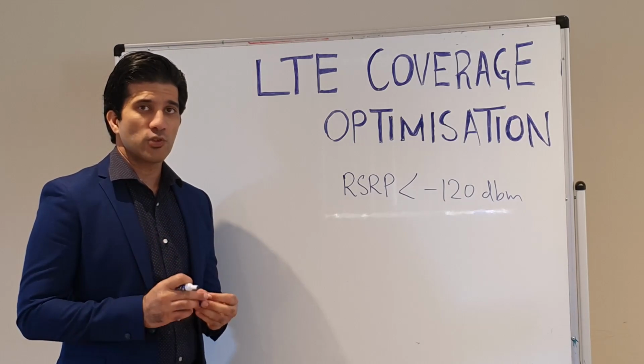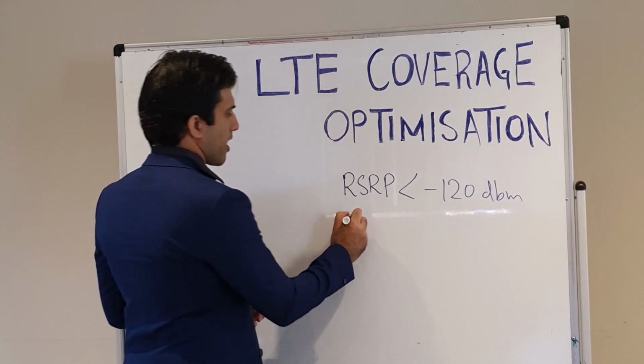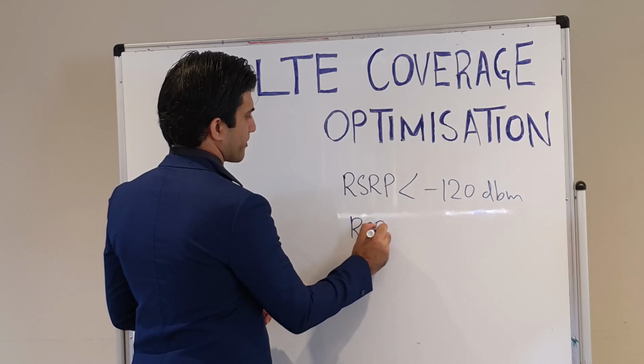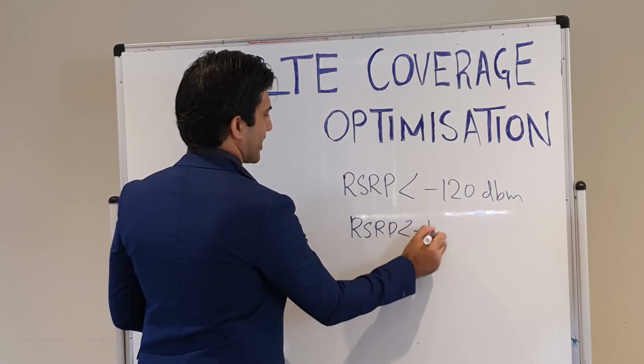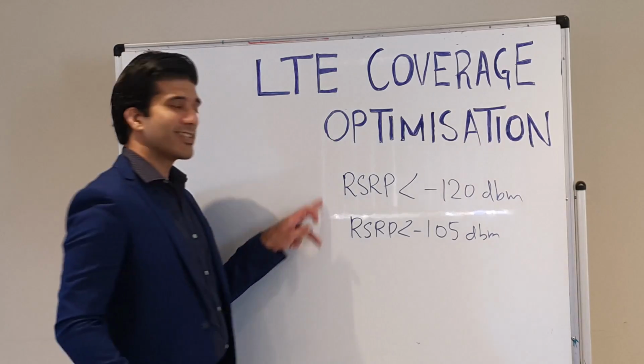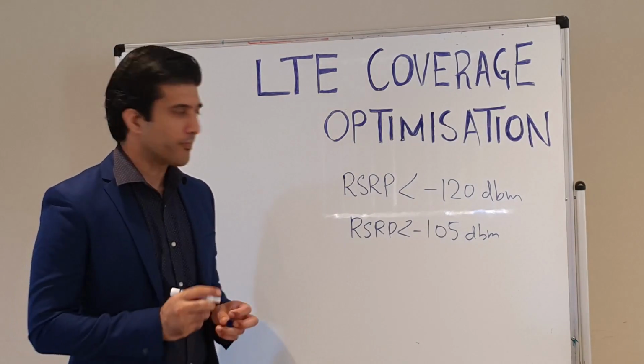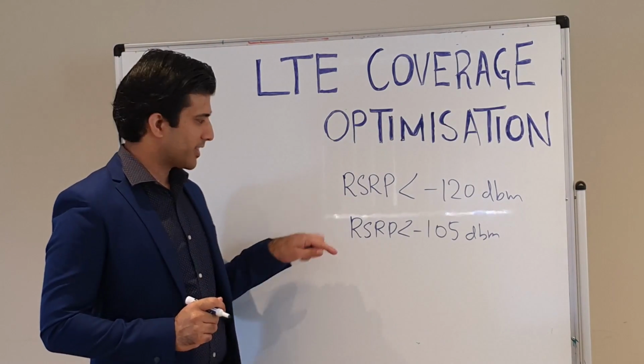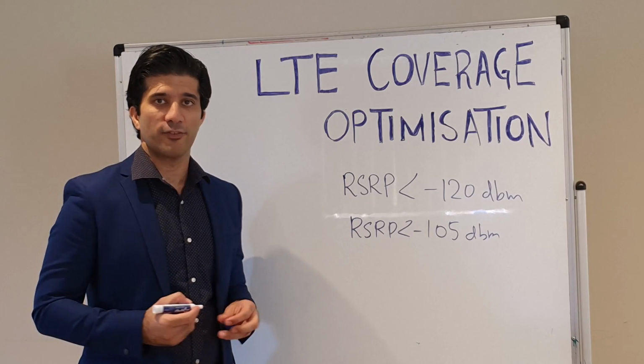And in terms of weak coverage, RSRP is less than -105 dBm. So this is regarding the downlink. This is your coverage hole, and this is where you have a weak coverage problem.